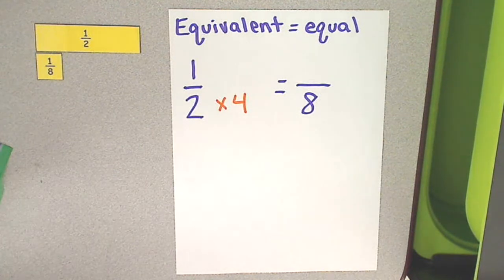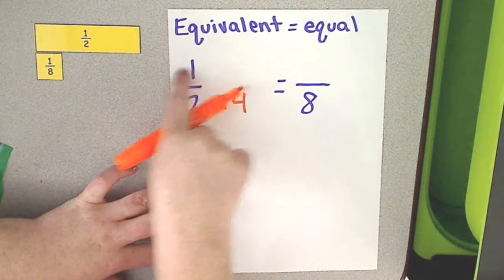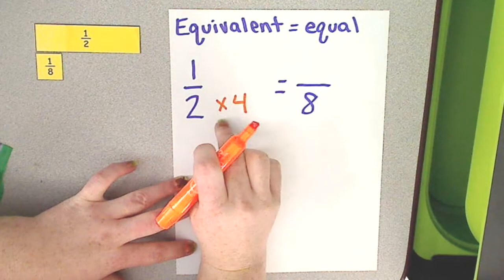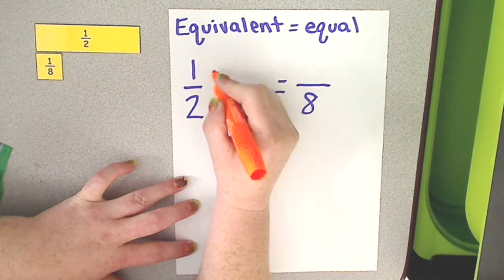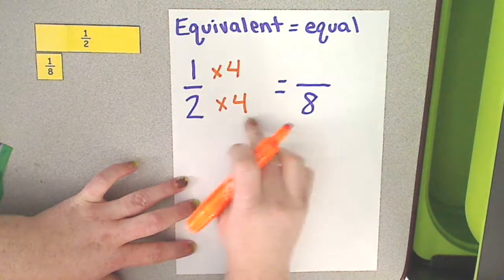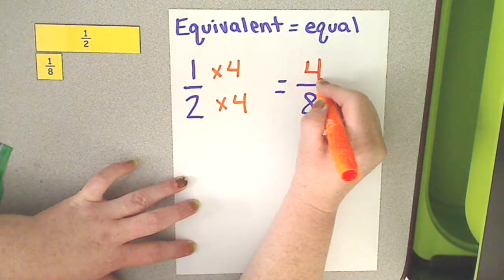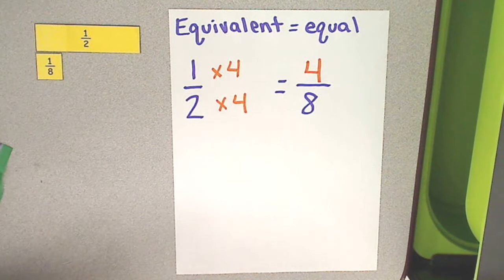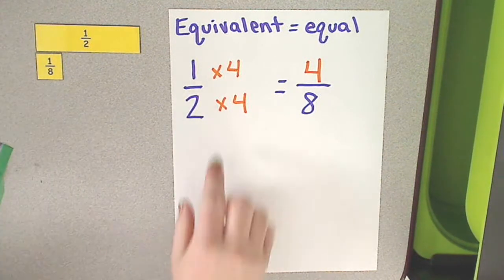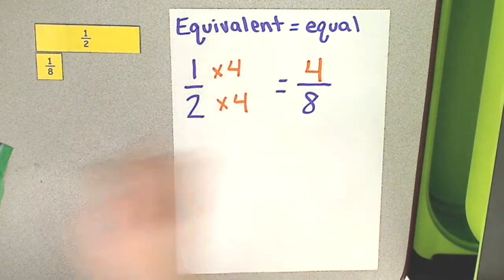Or in this case, whatever you do to the denominator, you must do to the numerator. So if I'm multiplying my denominator by 4, I need to multiply my numerator by 4. And if 2 times 4 equals 8, 1 times 4 equals 4. So let's see if we can prove that 4/8 is equivalent to 1/2.